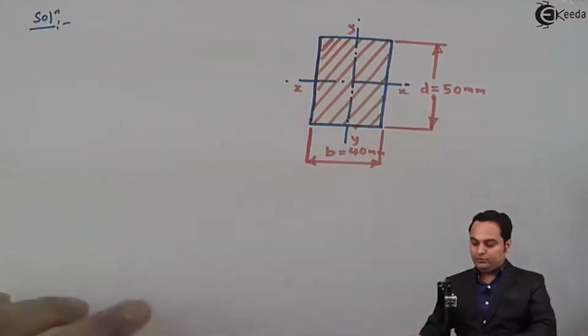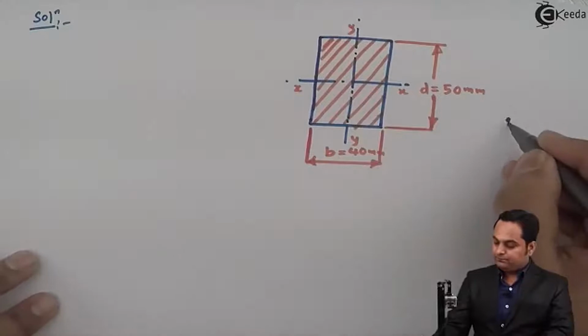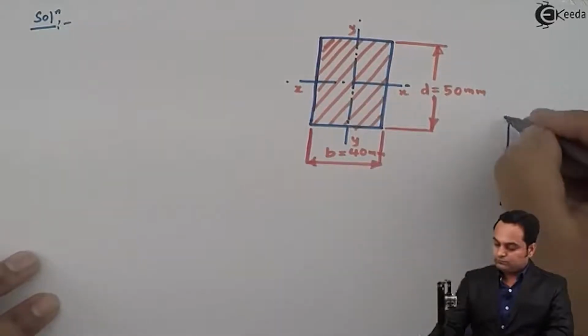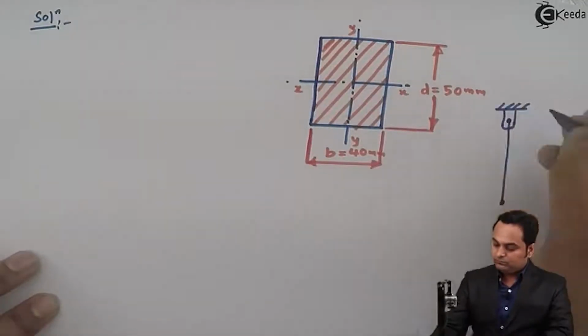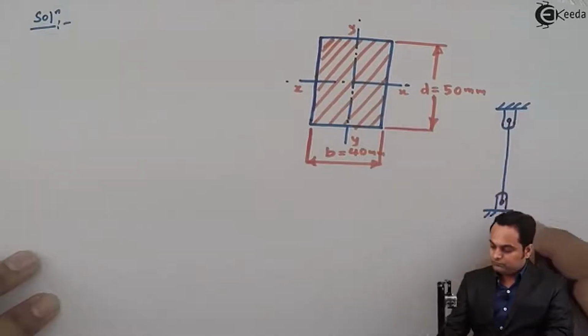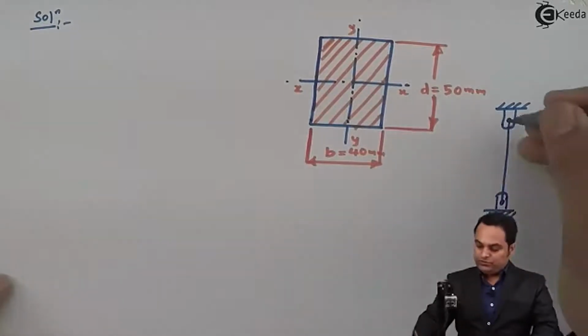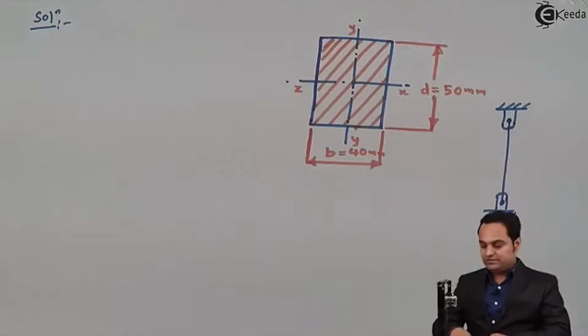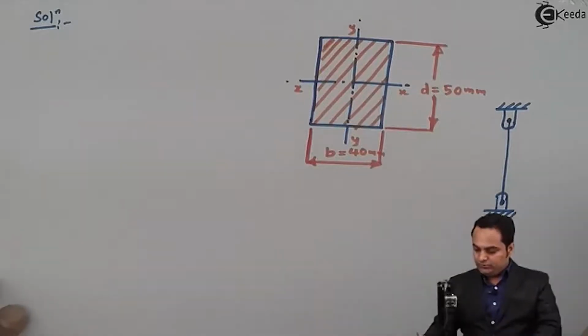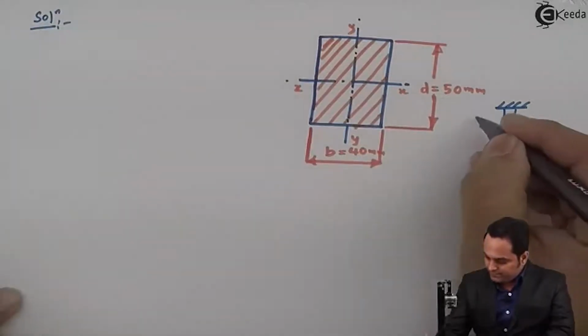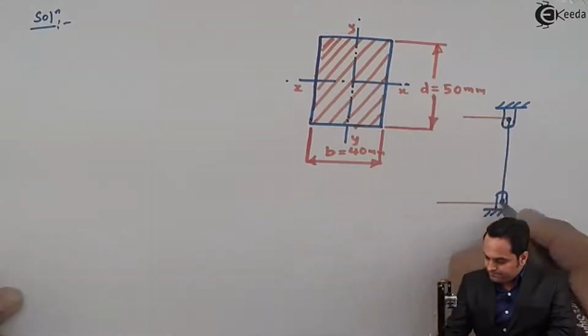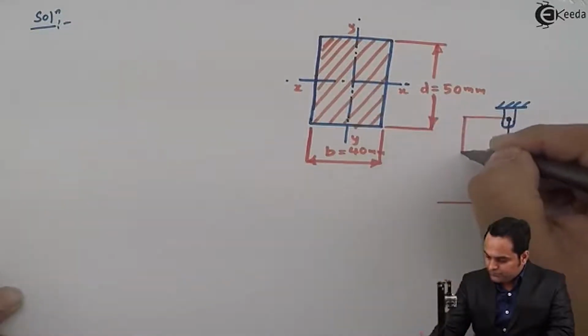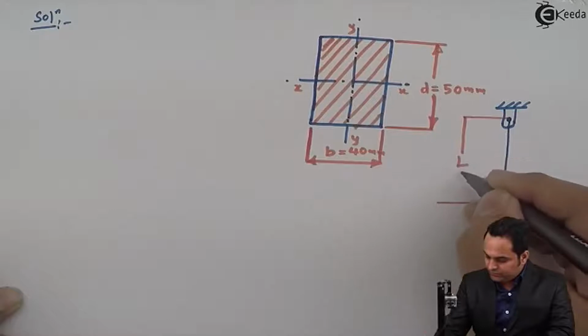I'll draw the diagram to explain it. So here is the column which is hinged at both the ends. This diagram indicates the column is hinged, and this will be the total length of the column.